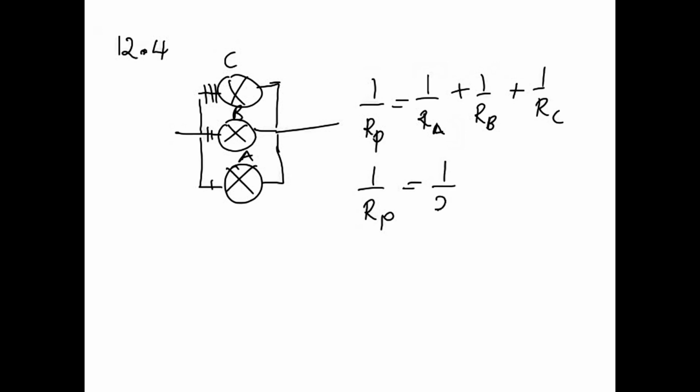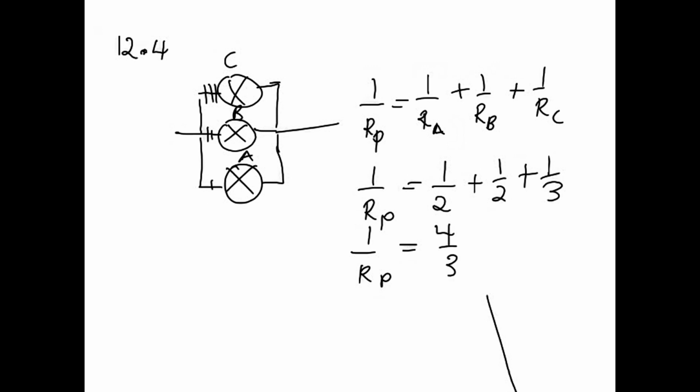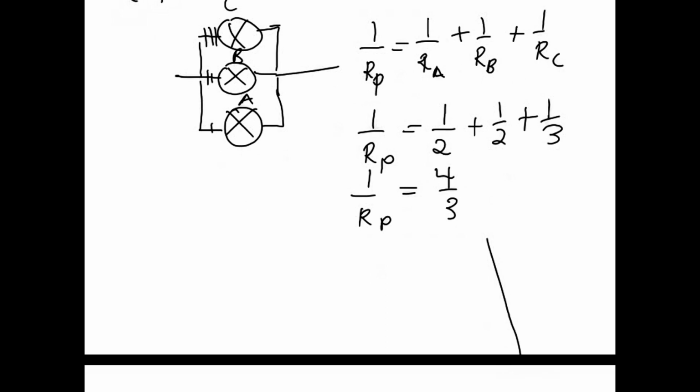So if 1 over 2 plus 1 over 2 plus 1 over 3, how much is that? We can use a calculator. And when we use that calculator, you'll find that 1 over Rp is just going to be 4 over 3. So the same way in which we did the problem earlier, we just swap the numerator and the denominator and vice versa.